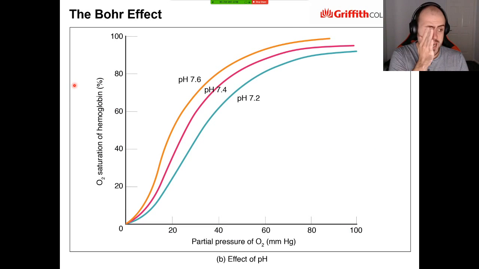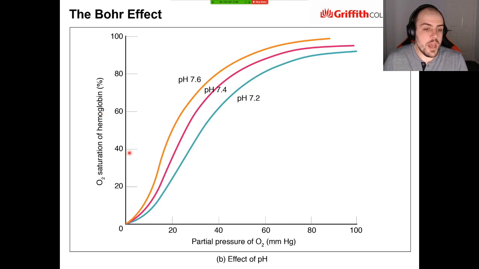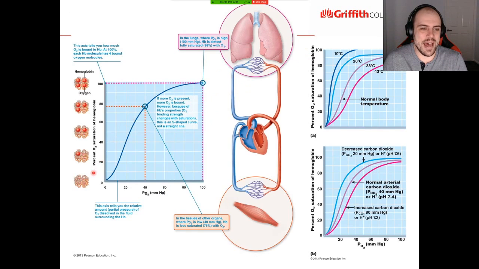If it's down to, say, 80% saturation, it means a lot of them have lost one oxygen molecule, but some of them probably have 4. If we are down to 0% saturation, which means you're dead, all your hemoglobins have no oxygen molecules at all.